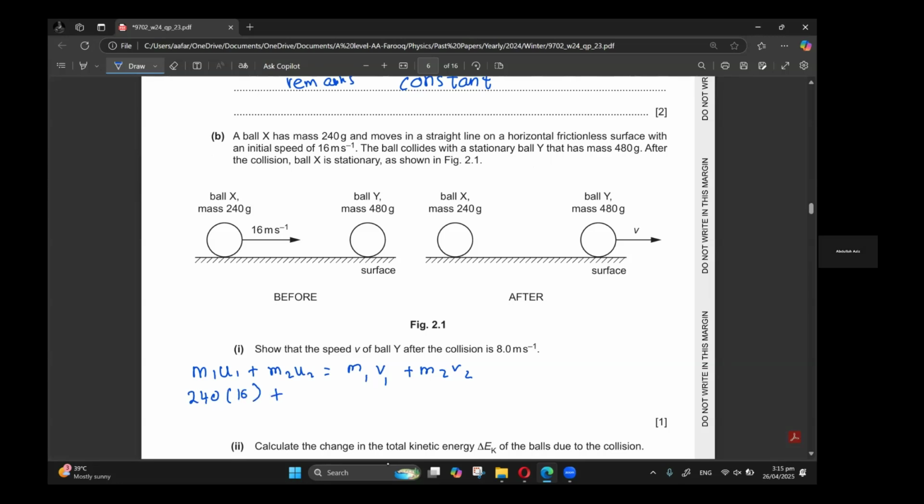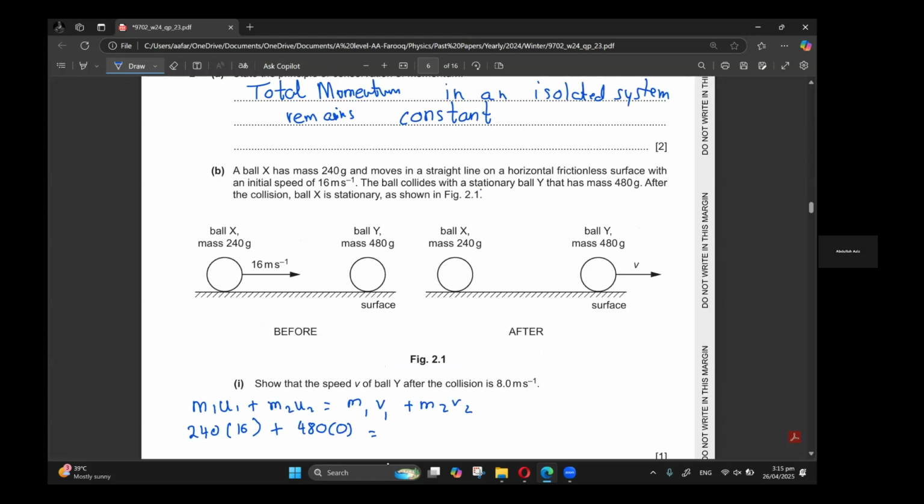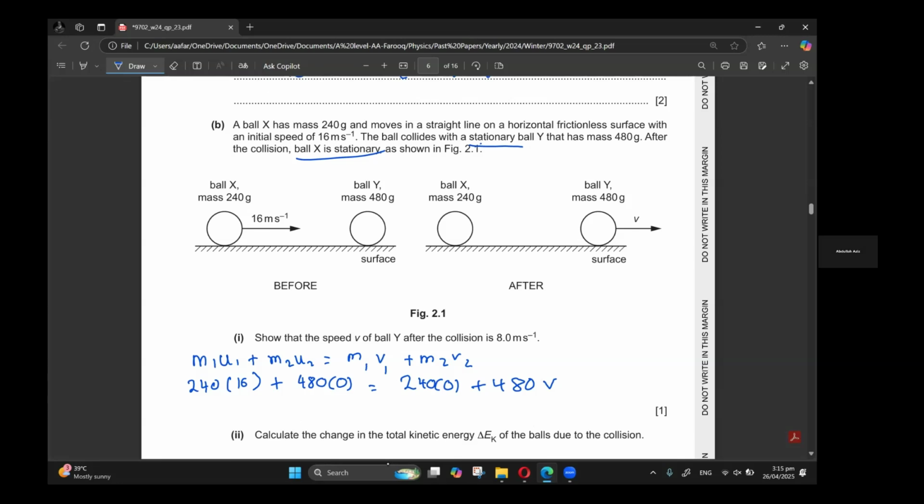Into initial velocity 16, plus ball Y mass 480, initial velocity 0 since it's stationary, equal to final velocity. Ball X is stationary, so 240 times final velocity 0, plus 480 times v.